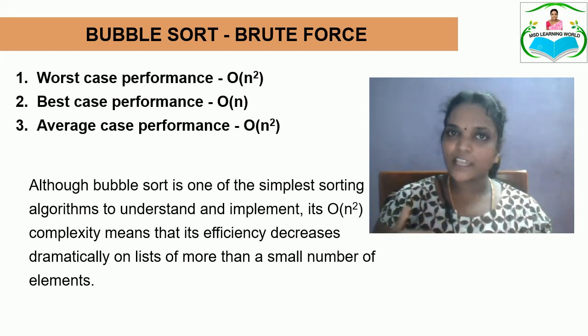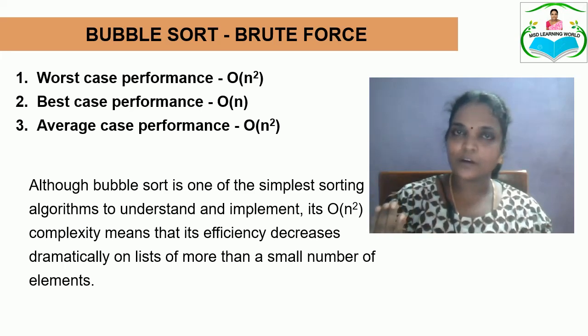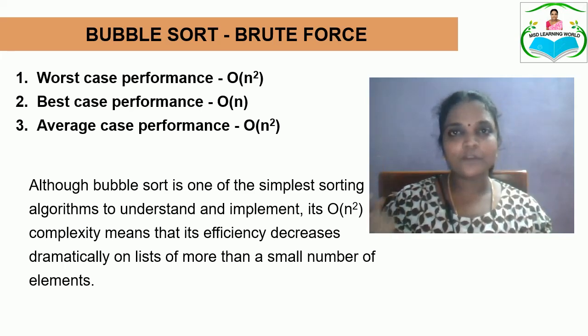Now coming to average case analysis, some of the elements are in ascending order and some of the elements are not. Assume that of n elements, n by 2 elements are in ascending order. The i loop is going to be executed n times, and though a partial amount of the input is arranged in ascending order, the iterations still occur n times for the inner j loop as well.